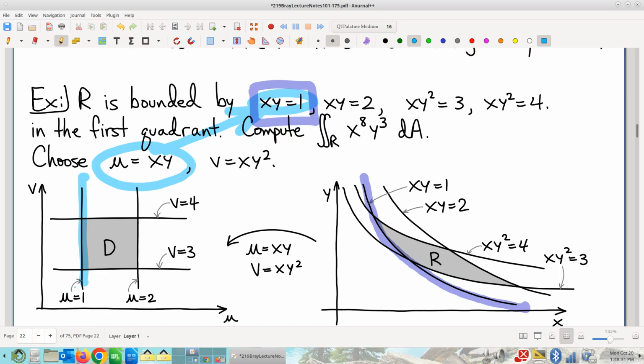Which means it turns into a straight line. Isn't that clever? I mean, it's one of these things that's ultimately connect the dots. U is xy, xy is 1, so u is 1. It's not like it's a deep point, but at the same time, it's clever. And likewise for the other curves.